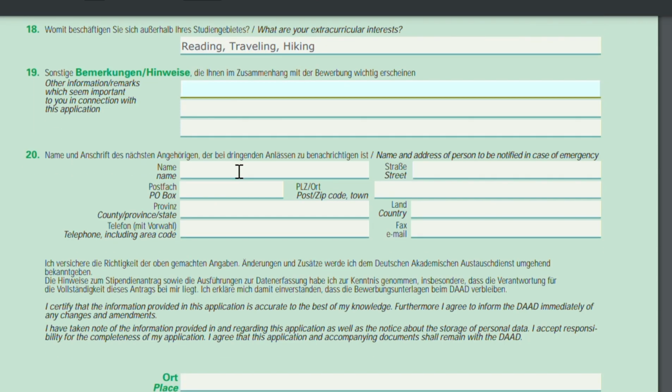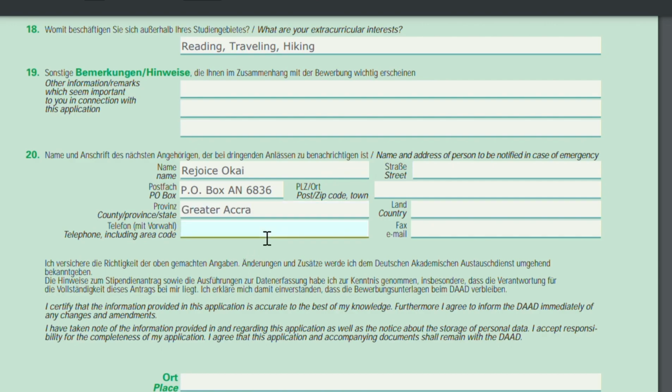The 20th question, which is the last question, is requesting for your name and address of the person to be notified in case of emergency. So the name, you can use your parent, your guardians, your relative, or your friend. And then the postal address. So your country, the county, province, or state.